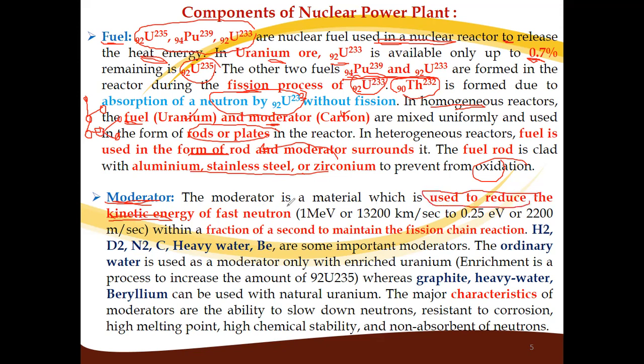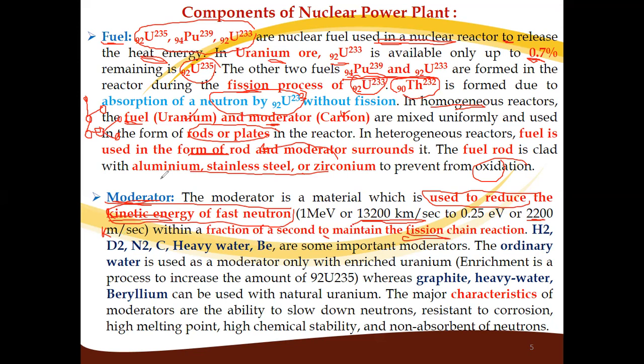We can reduce the speed from 13,200 kilometers per second to 2,200 meters per second. So we reduce the kinetic energy of the fast neutron within a fraction of a second to maintain the fission chain reaction. This is the function of the moderator.